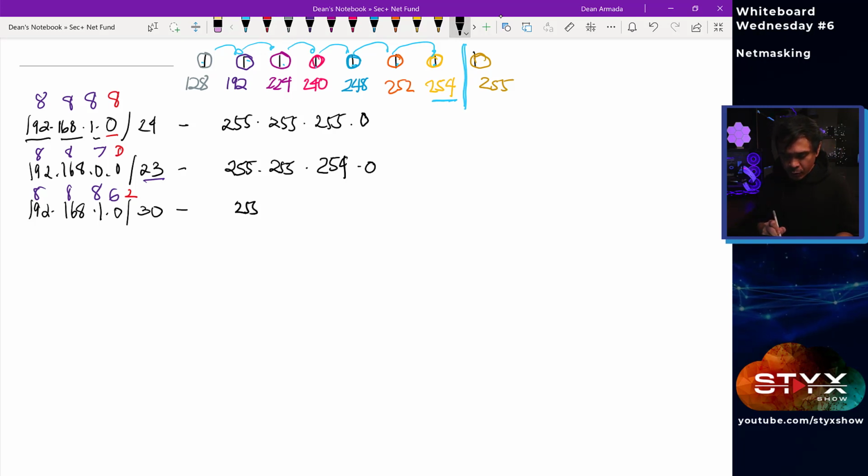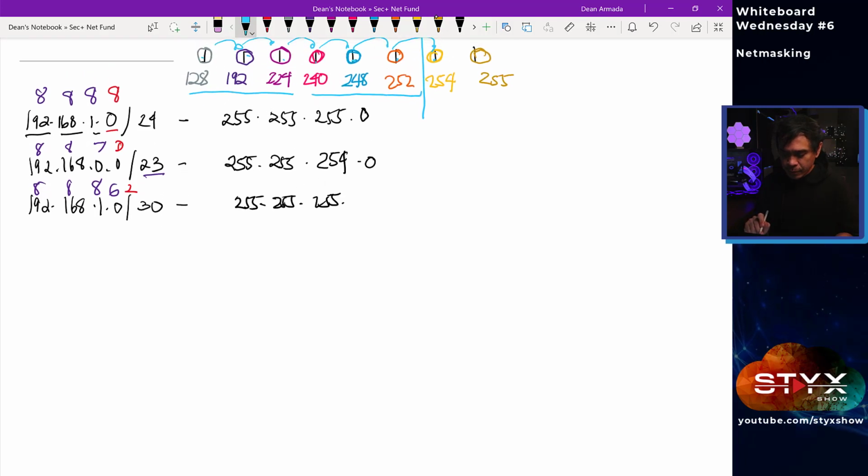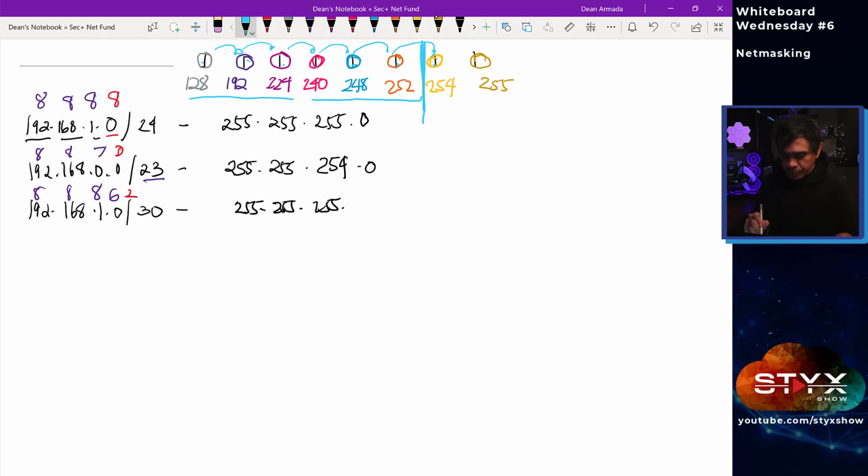So if we convert this to netmask, it will be 255.255.255. We're talking about 6 bits borrowed from the host side. So 6 bits is 3, 4, 5, 6. There you go. So this is the divider for /30, at least on the fourth octet. And we're going to use this value in our fourth octet of the netmask, which is 252.